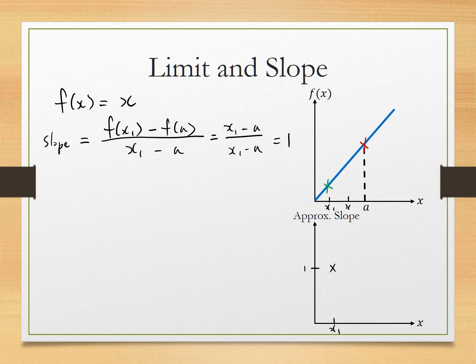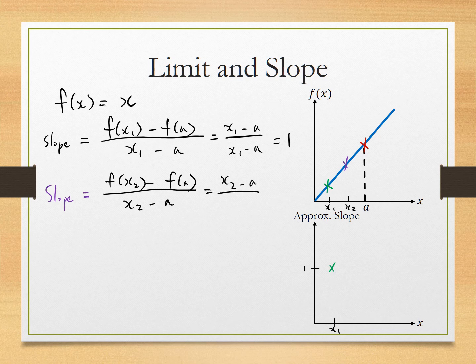Let's pick a point closer, x2. Once again, what is the slope? The slope would be f(x2) minus f(a) divided by x2 minus a, which is x2 minus a divided by x2 minus a, which is 1.